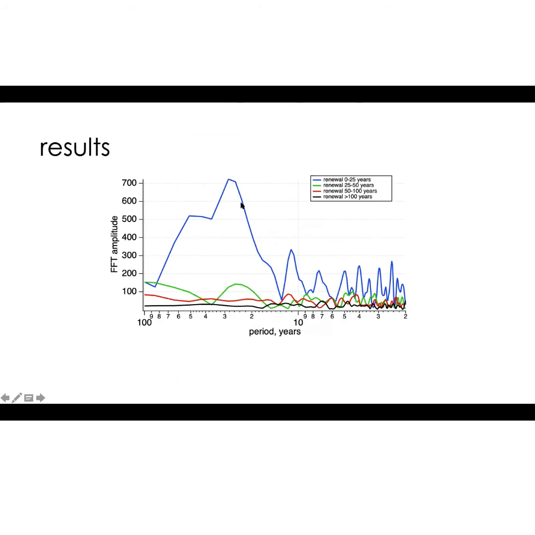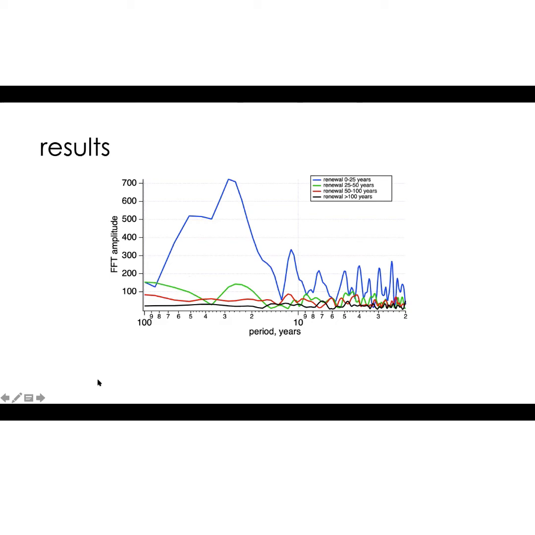So we see for short renewal events, both the 0 to 25 renewal events and the 25 to 50 renewal events, there is a pretty regular 26-year cycle in earthquake productivity globally. But then looking at these longer renewal interval events, we see basically no important peaks in the power spectrum.